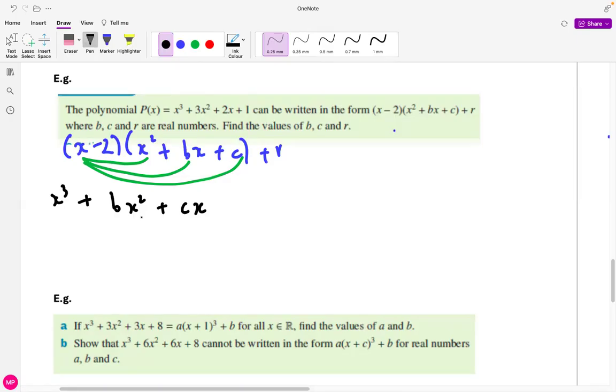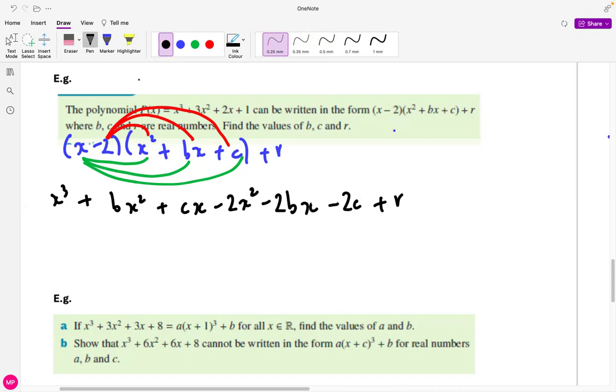And then after I do that, I do negative 2 times this, negative 2 times this, and same thing. So I have negative 2 times x squared, negative 2x squared, negative 2 times bx is negative 2bx, negative 2 times c, negative 2c, plus r.